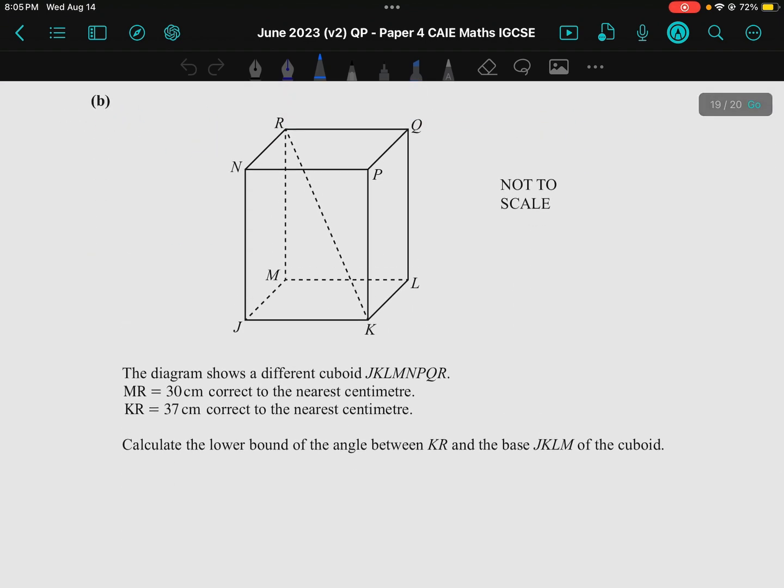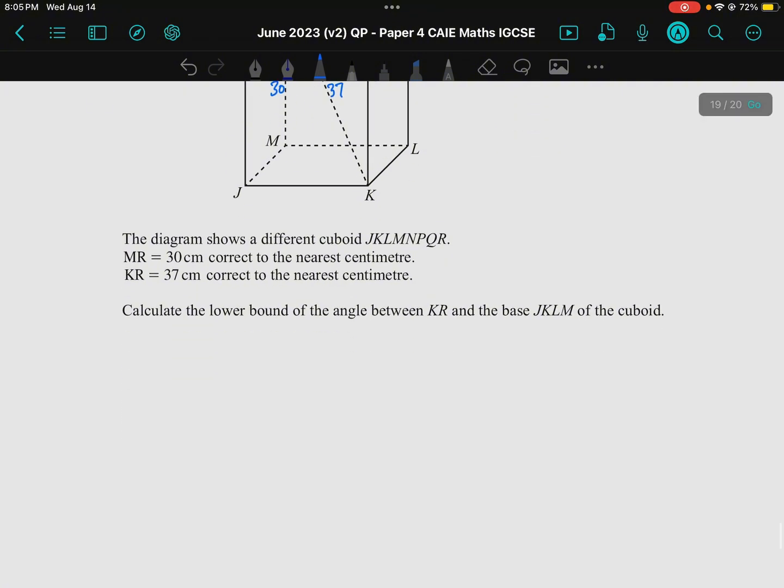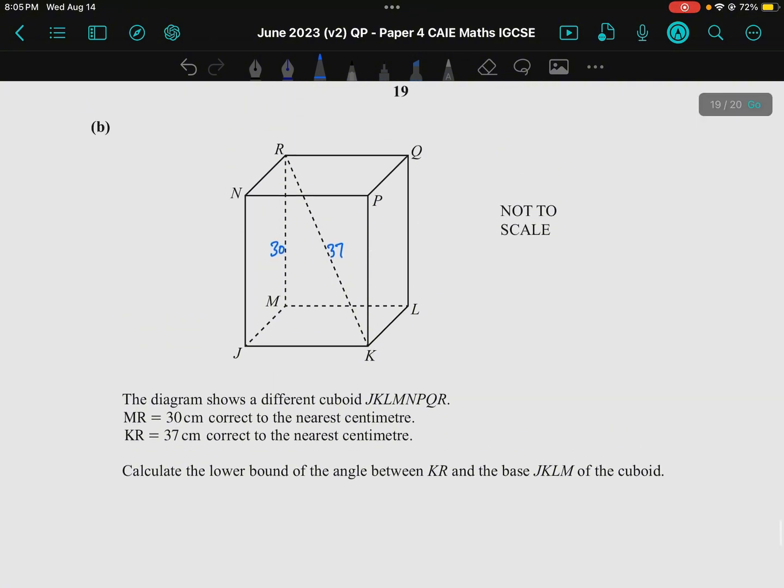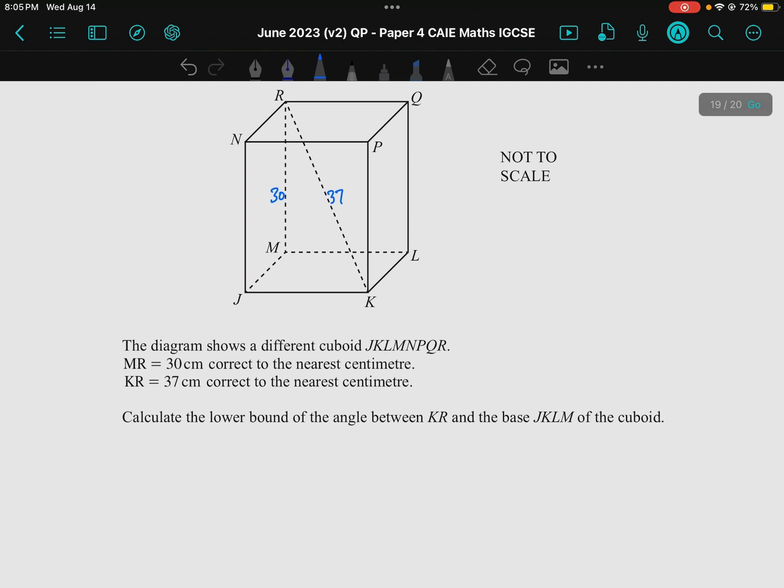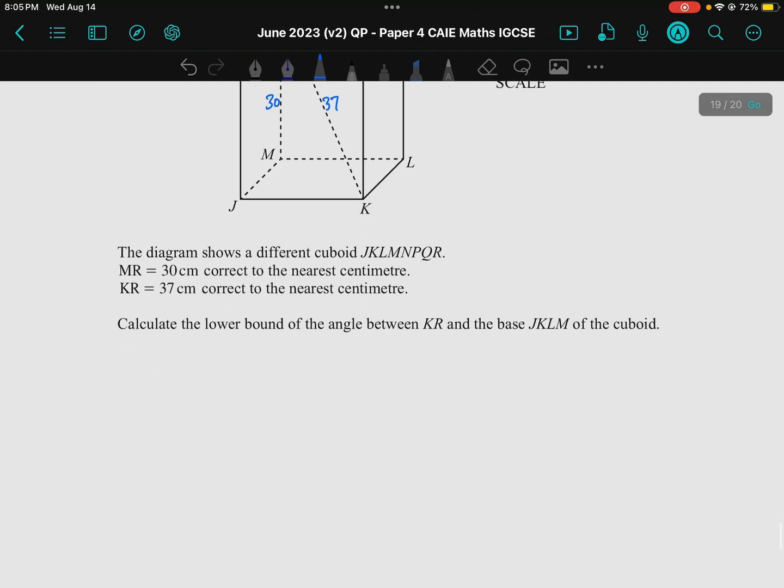Part number B. The diagram shows a different cuboid JKLMNPQR, where MR equals 30, KR equals 37, correct to nearest centimeter. Calculate the lower bound of the angle between KR and the base JKLM of the cuboid.